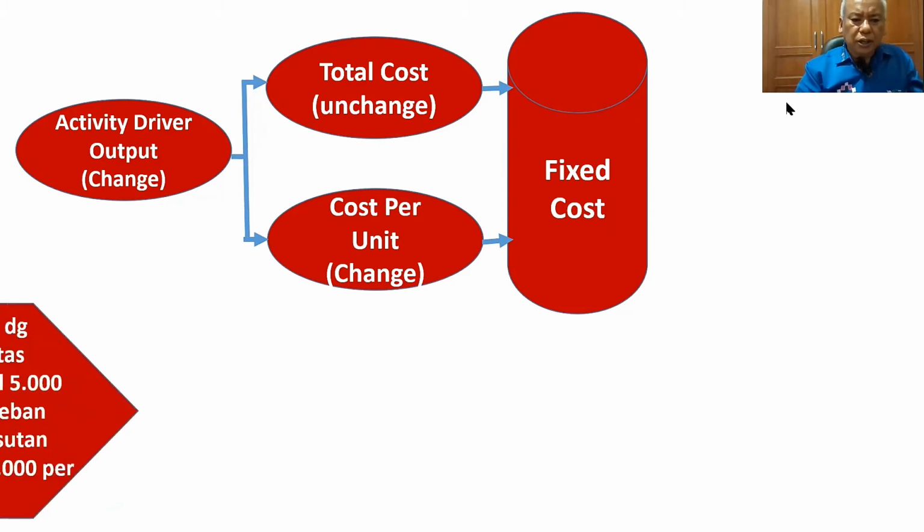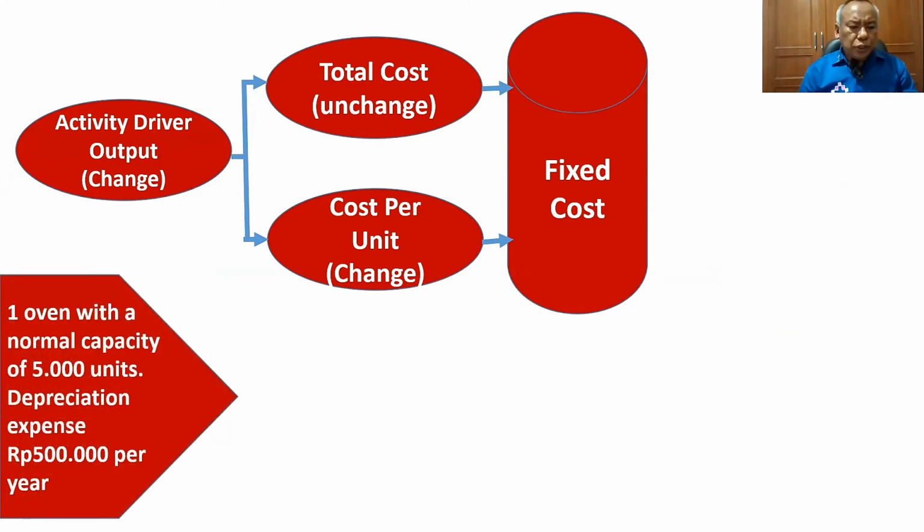For example, to produce a donut, we have one oven with a normal capacity of 5,000 units, and we depreciate it with a depreciation expense of 500,000 per year.